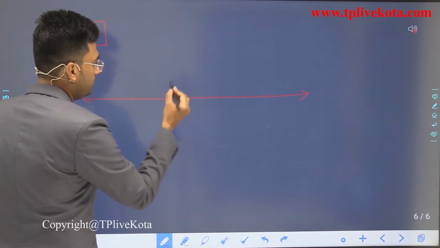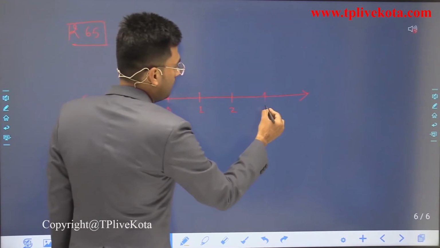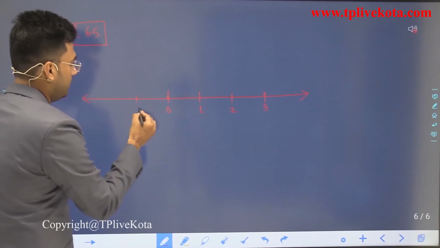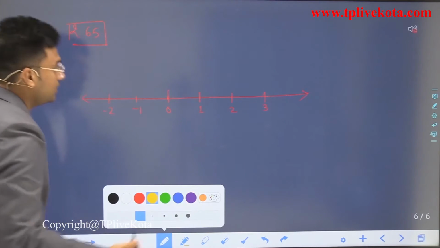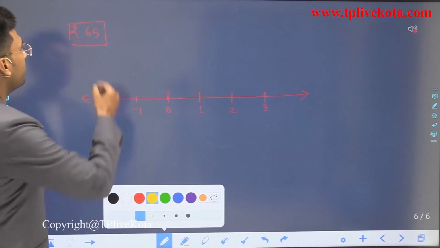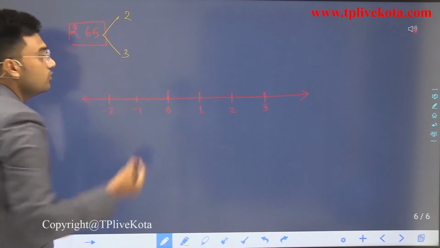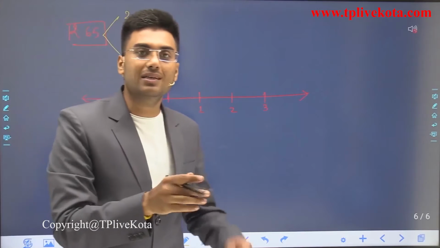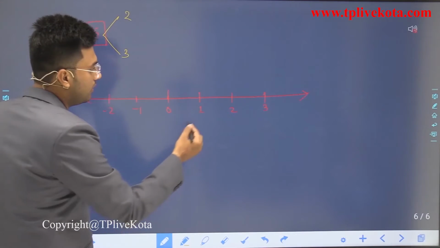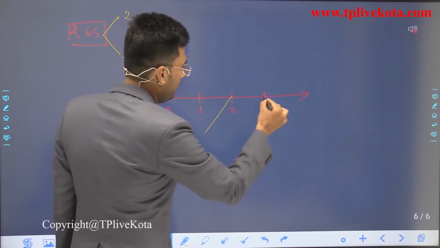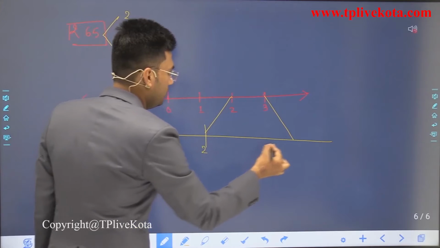This is 0, 1, 2, 3, -1, -2. Now 2.65 lies between 2 and 3. So we have to subdivide the distance between 2 and 3. This is 2 and this is 3.